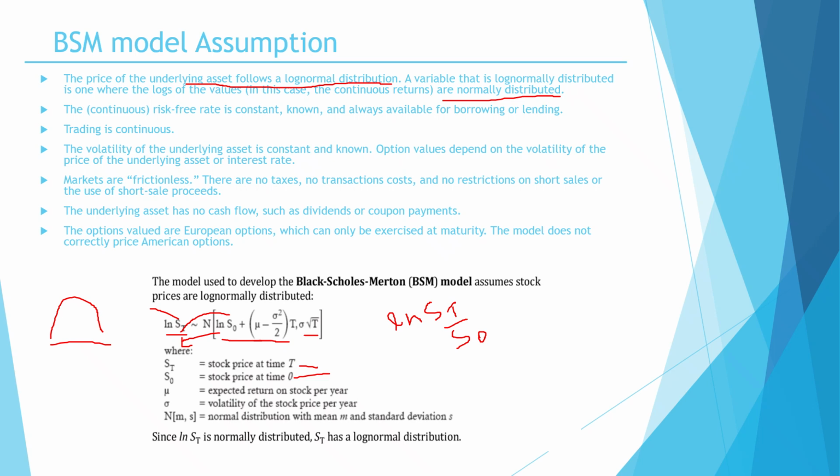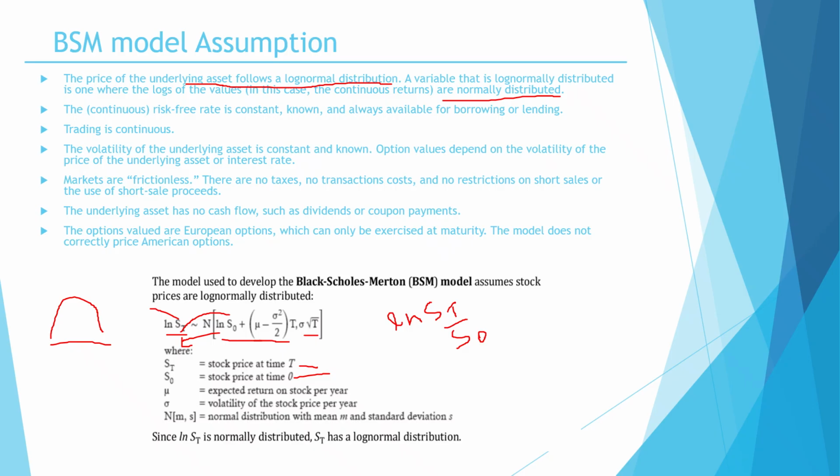Now, an important point to observe is why we are reducing mu, which is my expected return for the stock, by this factor, sigma squared divided by 2.